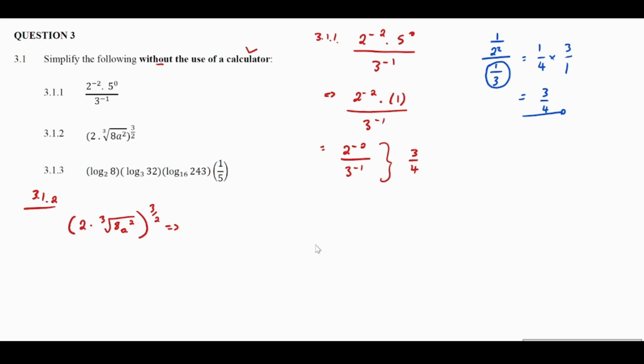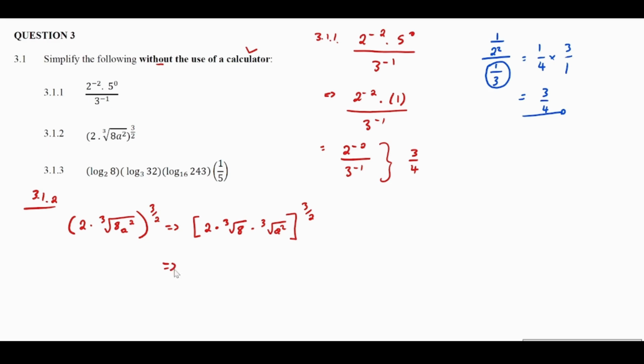Let me just open those brackets. I'm going to have 2 multiplied by, you can separate what you have inside the cube root. You can write it as the cube root of 8 multiplied by the cube root of a squared, all of this to the exponent of 3 over 2.